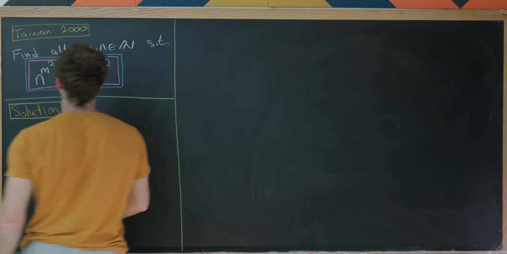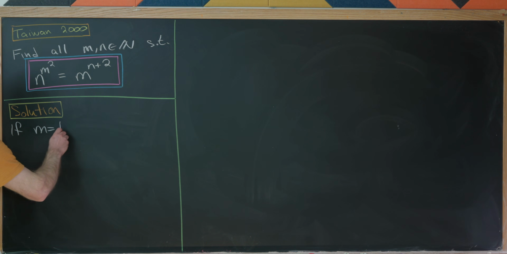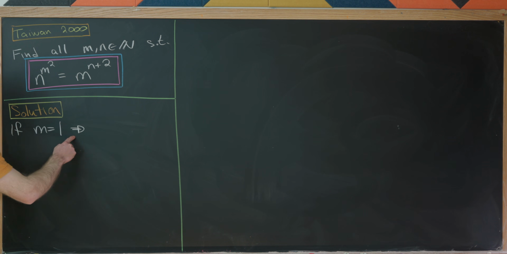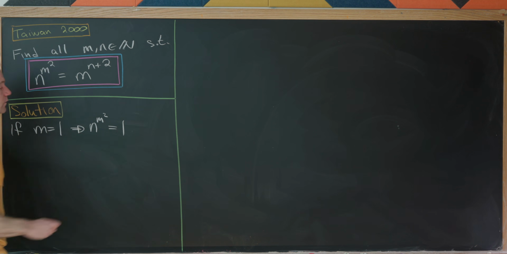Okay, so let's start our solution by noticing that if m is equal to 1, then that means the entire right-hand side of this equation is 1, because 1 to any power is 1. But that means that n to the m squared is equal to 1.